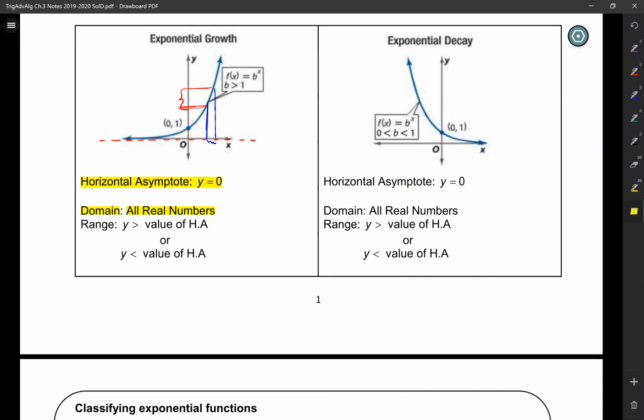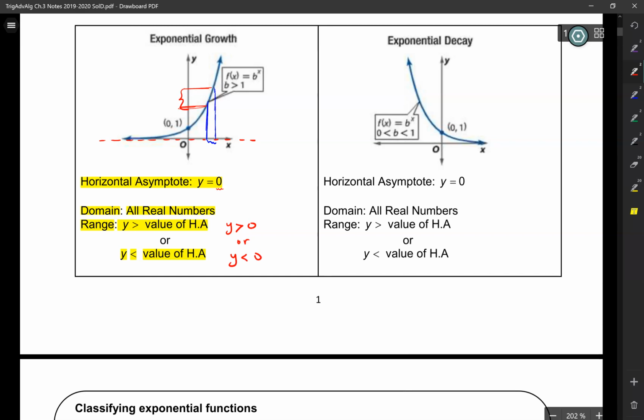Now, the range, so these two here, horizontal asymptote and domain, are free points. The range is always y is either greater than what the asymptote is, or y is less than what the asymptote is. All right? So if the horizontal asymptote is y equals 0, then this is either going to be y is greater than 0 or y is less than 0.